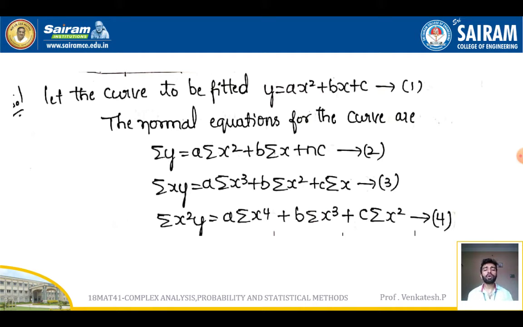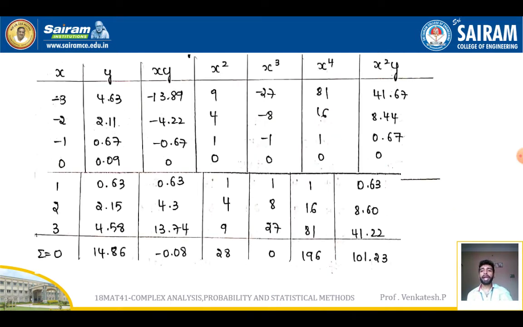So now make a tabular column. It must contain x column, y column, x square, x cube, x power 4, xy, x square y. So now make a tabular column like x is equal to minus 3, minus 2, minus 1, 0, 1, 2, 3. Y is 4.63, 2.11, 0.67, 0.09, 0.63, 2.15, 4.58. xy is minus 13.89, minus 4.22, minus 0.67, 0, 0.63, 4.3, 13.74.